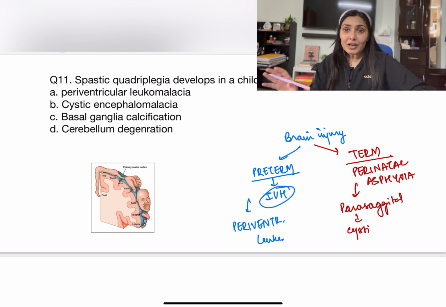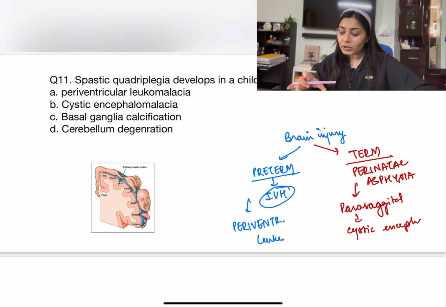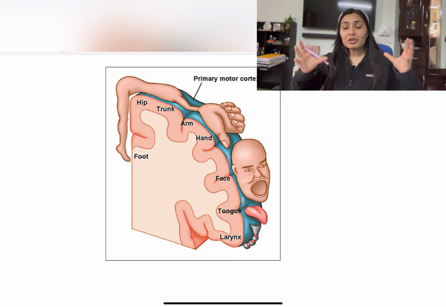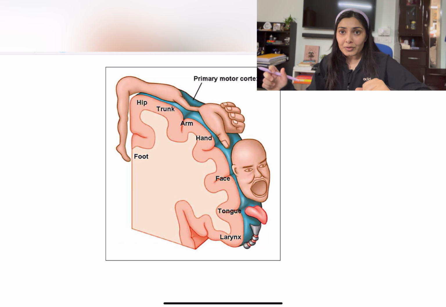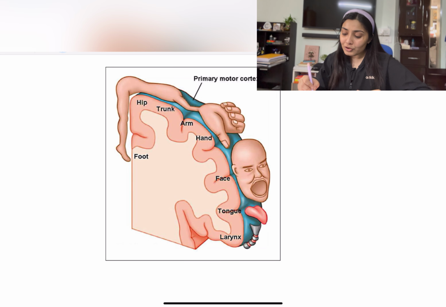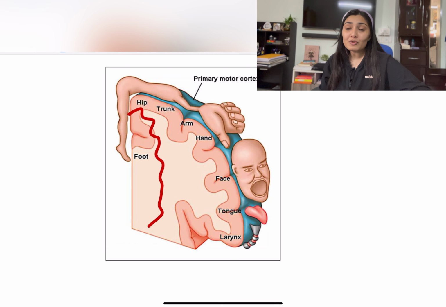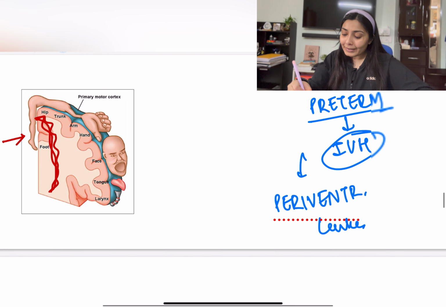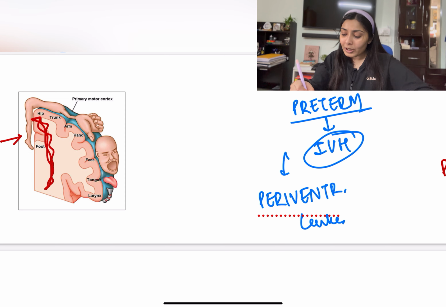Right? Having understood this, let's look at the motor homunculus. We understand the sagittal section, and we have two lateral ventricles in the midline, right? So in preterm babies, as we discussed, there is intraventricular hemorrhage, so this periventricular area would be affected. That means my lower limbs would be affected. So my preterms with periventricular leukomalacia are going to develop spastic diplegia, where my lower limbs would be affected.